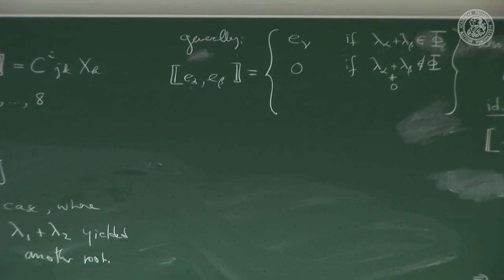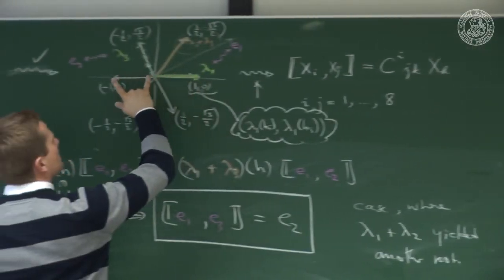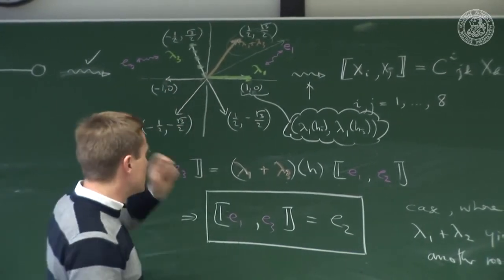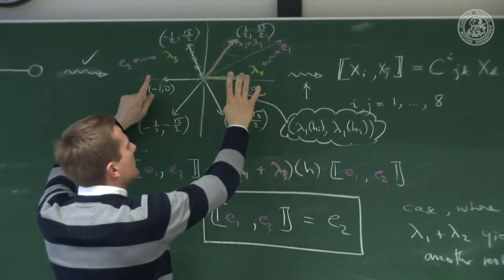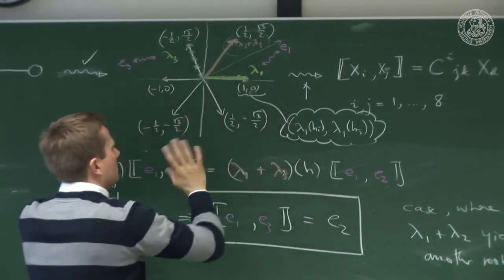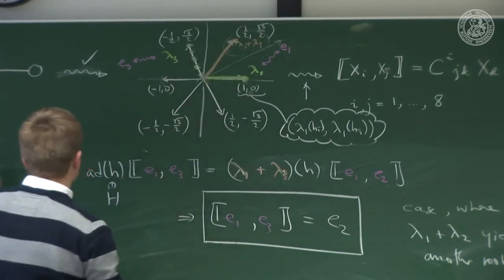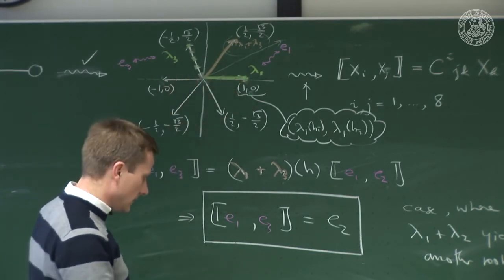But then there's a third case, that is, you take, for instance, this root and you take that root. So you take these opposite roots, but of course the corresponding eigenvectors, they're not linearly dependent. They are E1 and E4, they're linearly independent. The roots are not, but the corresponding eigenvectors are.